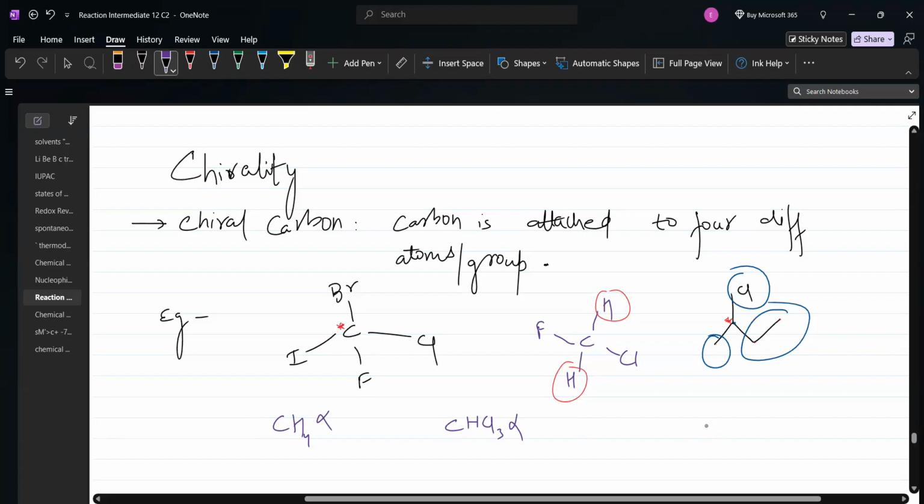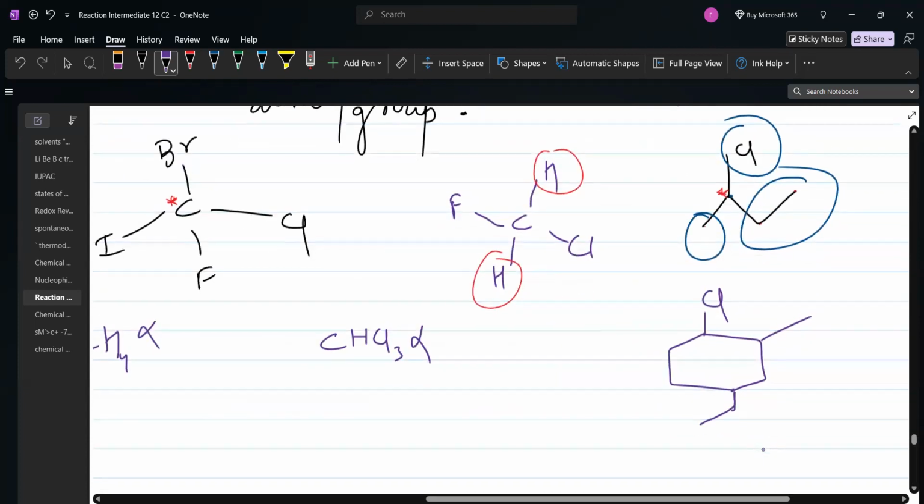Let's draw one structure, and please tell me if this is a chiral carbon or not. Please let me know how many chiral carbons you can find in this structure.